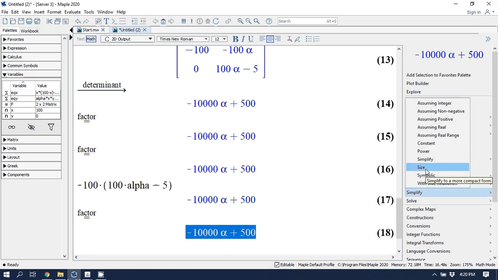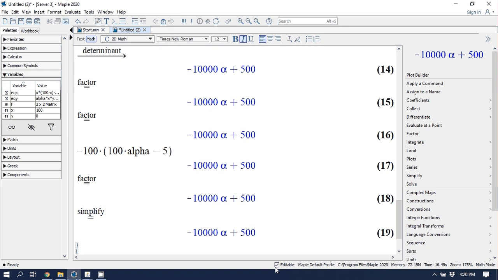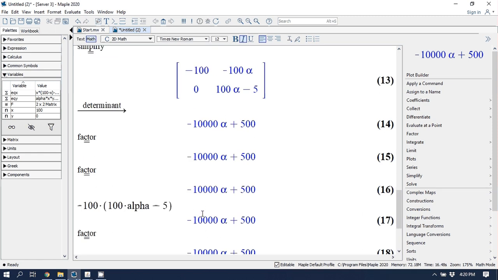Let's try simplify by size. That doesn't work either. Anyway, let's see with other examples. Maybe it's a glitch, because that's actually a first. Maybe with variables it's going to work better. So anyway, the determinant is going to be positive if this parenthesis is negative, which means alpha less than 0.05, as we established before.